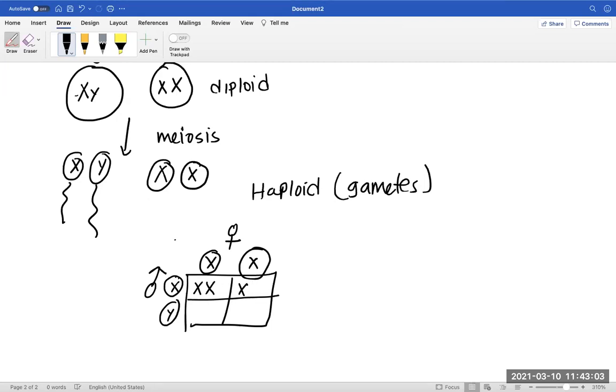This one comes down, and then this one comes here. And then X down, and then here you have Y, X, and then Y. Now look, when you look at the genotypes, 50% are gonna be XX, and 50% are gonna be XY. So it's 50% female and 50% male. Does that make sense?